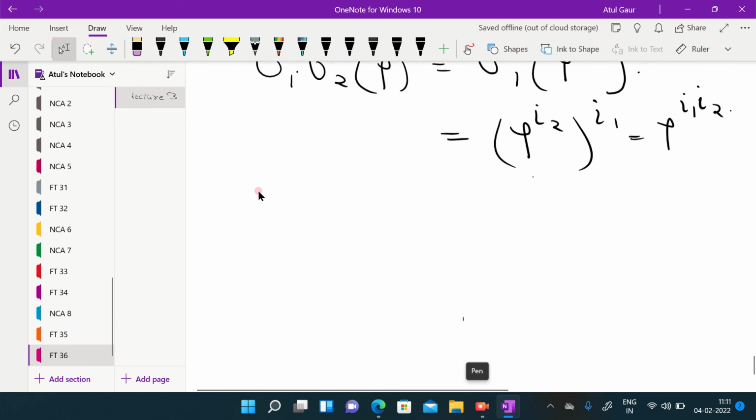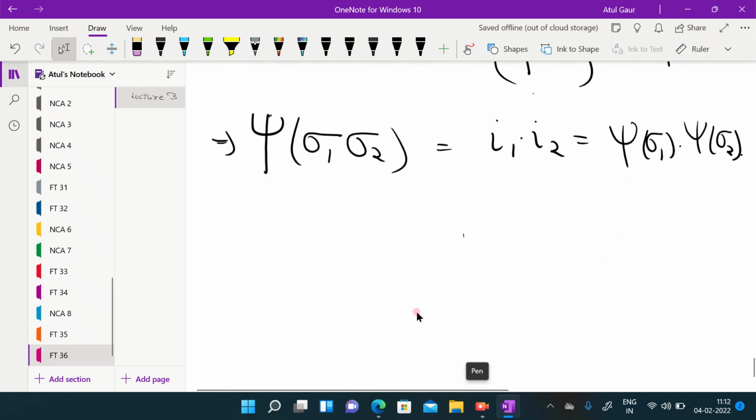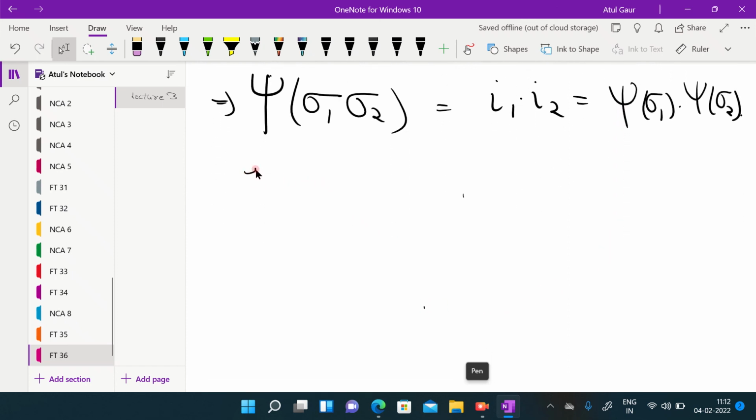This means psi of sigma 1 sigma 2 is i1 i2, which is the same as psi of sigma 1 times psi of sigma 2. Is that not fine? And clearly it is onto, is it not?